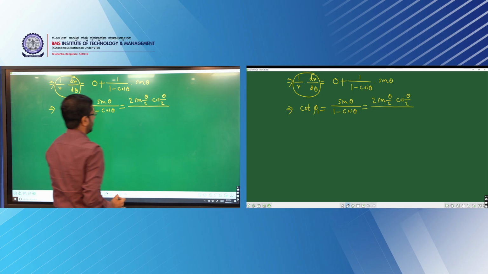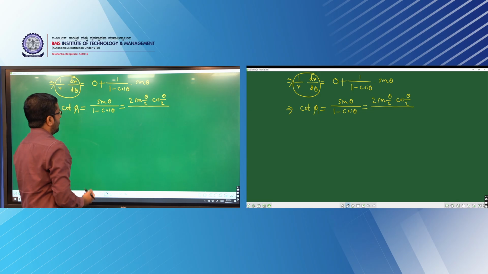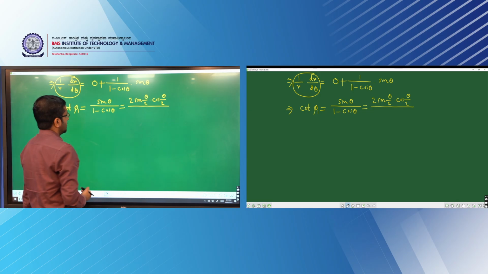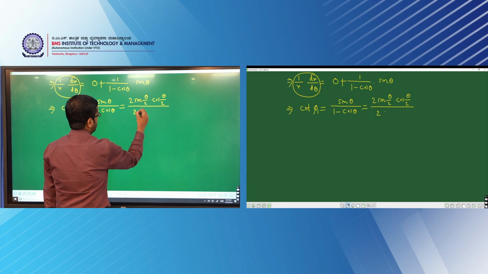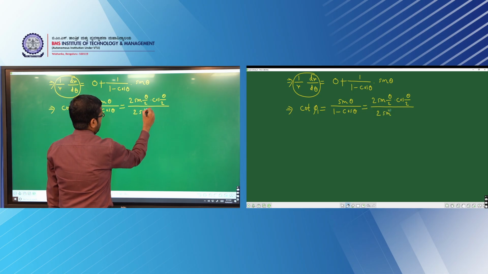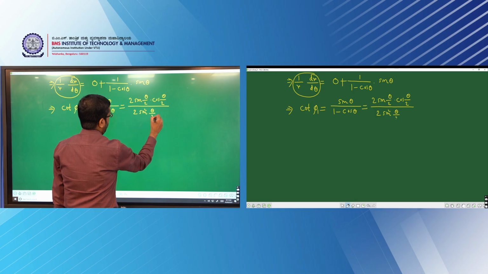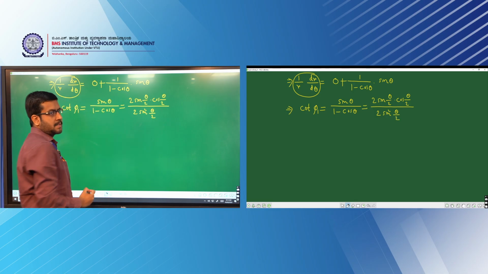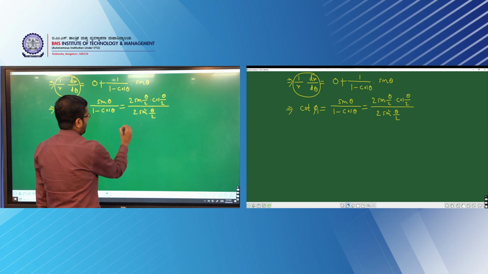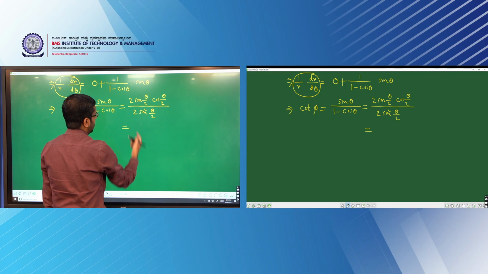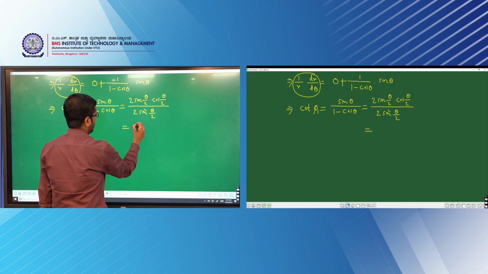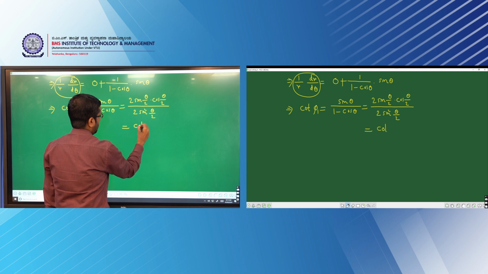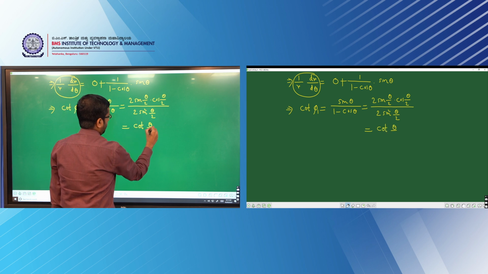This is the sin theta formula, and 1 minus cos theta is what? 2 sin square theta by 2. So, ultimately we will get, sin theta will get cancelled, 2 will get cancelled, cos theta by 2 by sin theta by 2. So, ultimately we will get cot of theta by 2.